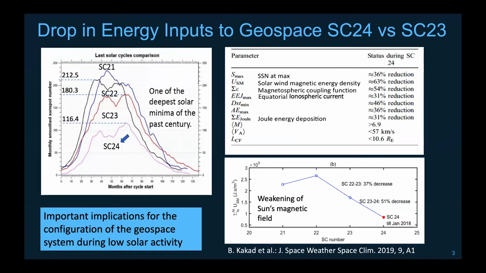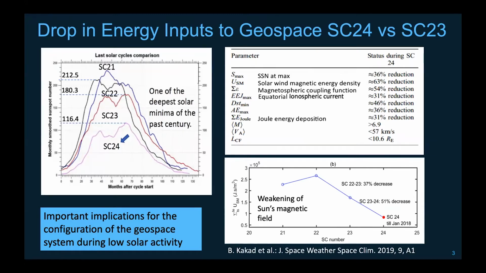So here I just want to show that the amount of energy that's entering geospace has really decreased from solar cycle 23 to 24, and even from 22. And so we're dealing with a lot less energy input, which has implications for the way geospace is going to reconfigure itself with that much energy available.